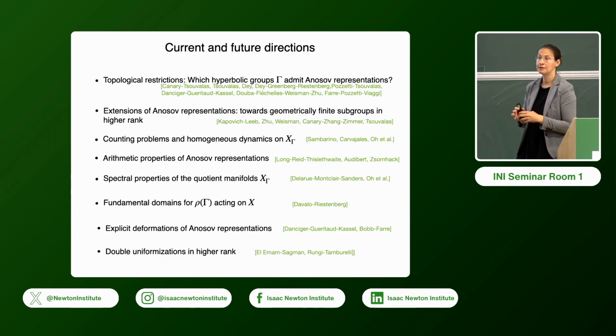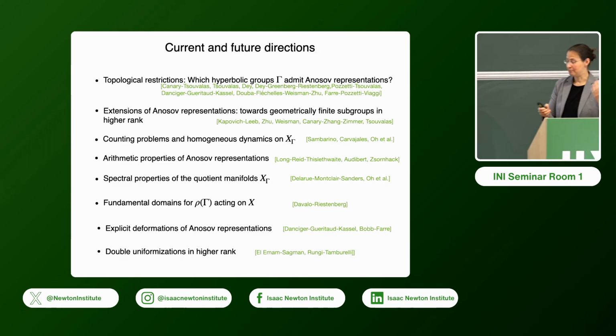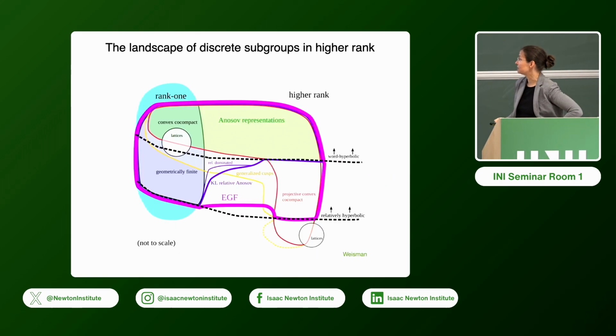You can look at arithmetic properties, so you can put Anosov representations into arithmetic groups or into lattices, and so there are tons of open questions, and I think also quite a lot of open questions where it would be interesting, like the one I mentioned with cubulated groups admitting Anosov representations, to have a bit more interaction with really geometric group theorists and people who come from studying more geometric structures.